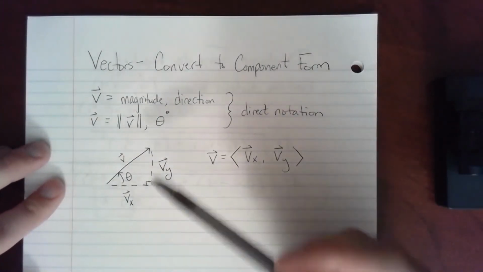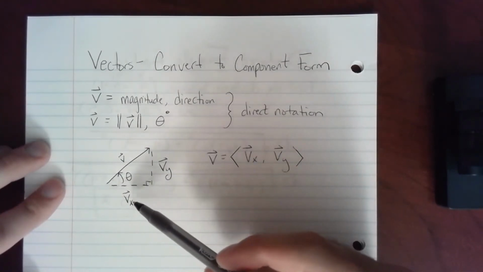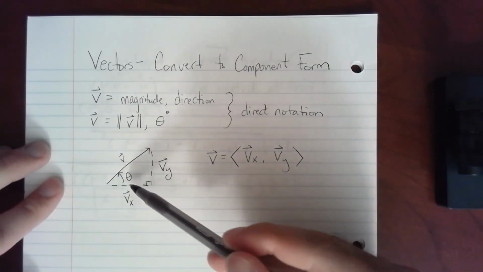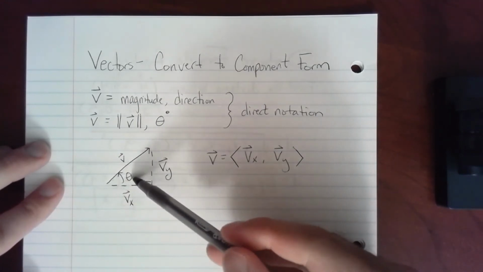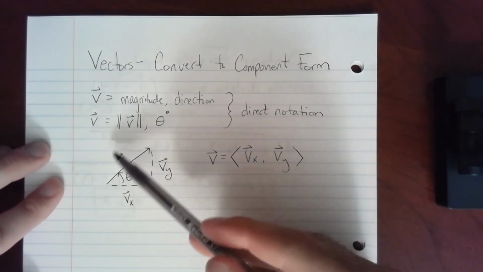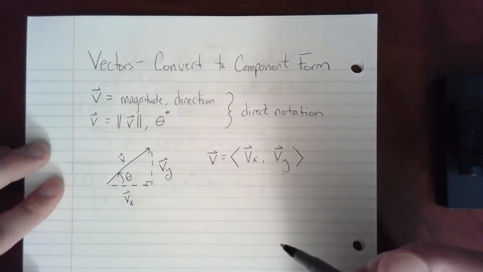But instead of using tangent, like we did with the inverse tangent to find the angle, we're going to be looking at sine and cosine. Because notice that our Vx is the adjacent side of this triangle relative to this angle, and our v up here, the whole original resultant vector, is the hypotenuse of the right triangle we've created.